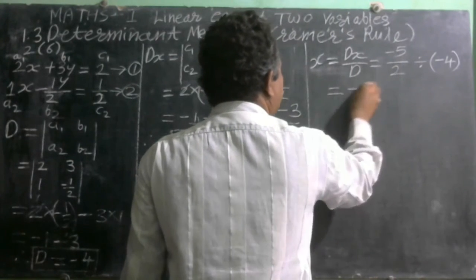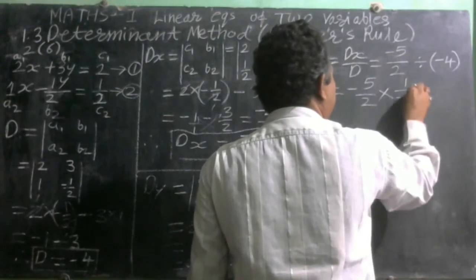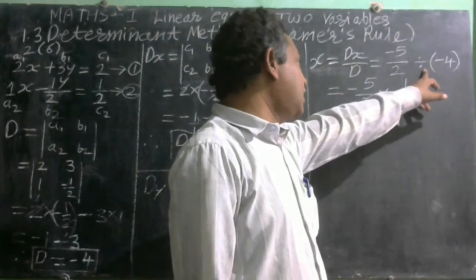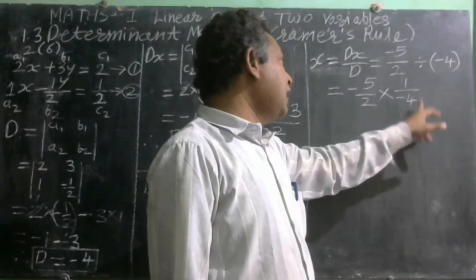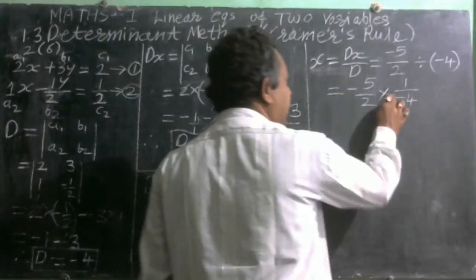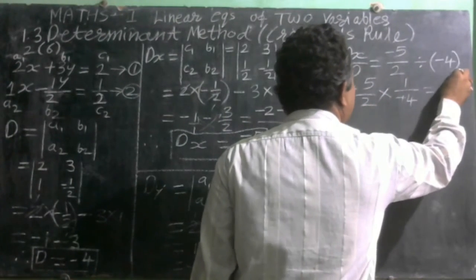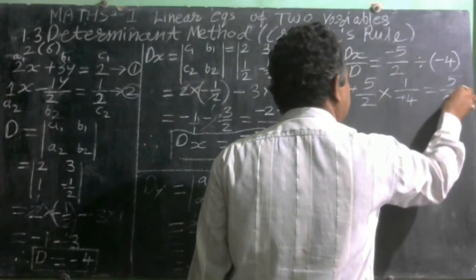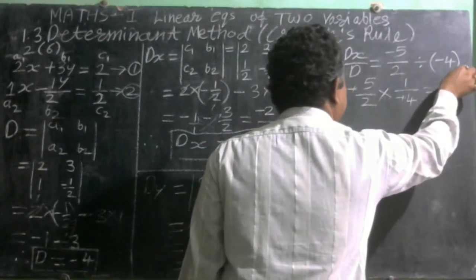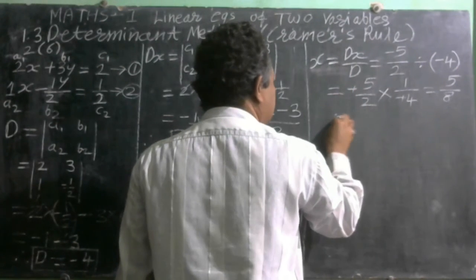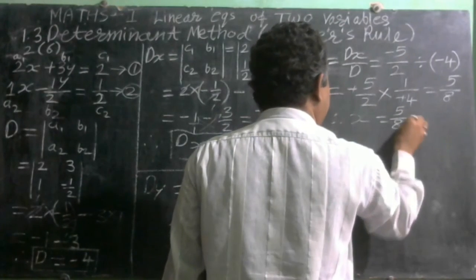That means minus 5 upon 2 multiplied by 1 upon minus 4. As there is a division sign, we have to convert it into multiplication and take the reciprocal of minus 4. That will be 1 upon minus 4. So minus minus will be plus, and this will be 5 upon 8. 5 ones are 5 and 2 fours are 8. That means x equal to 5 upon 8.